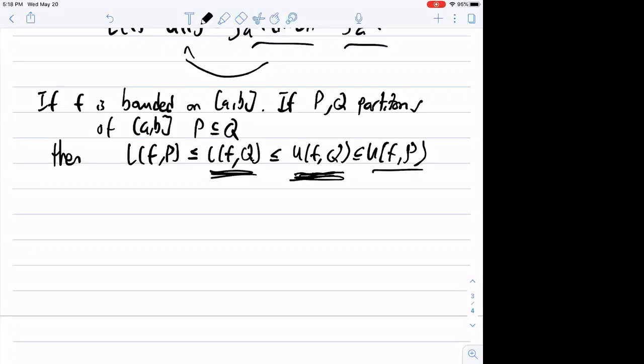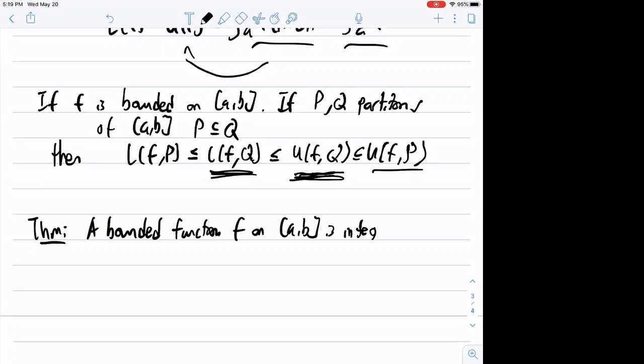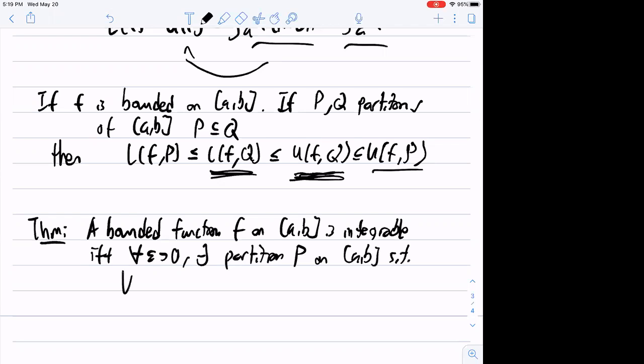Okay, so we have a theorem that's pretty useful. It says a bounded function f on [a, b] is integrable if and only if for all epsilon bigger than 0, there exists a partition P on [a, b] such that U of f, P minus L of f, P is less than epsilon.